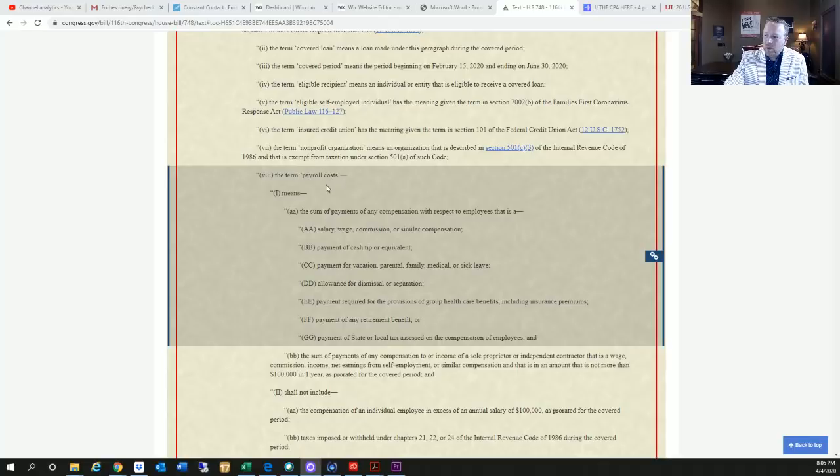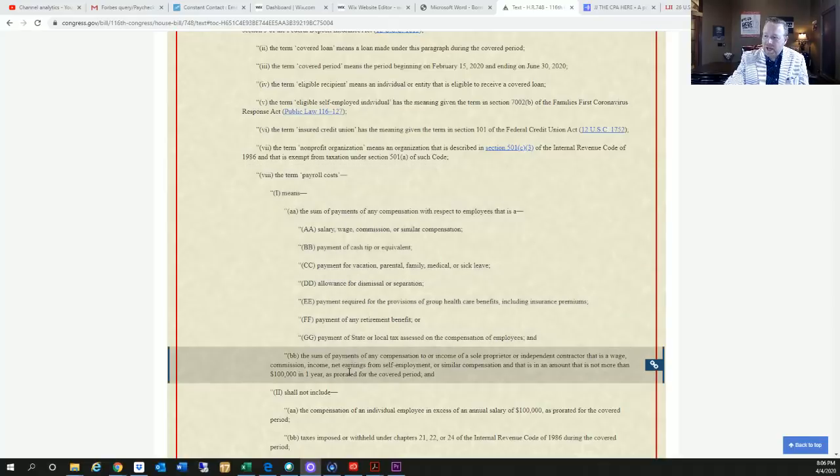It says, what are payroll costs? It means, and it's all this stuff. But then for some reason, everybody started losing perspective a little bit, because never in 1 million years is paying a sole proprietor, an independent contractor, a self-employed individual that you're sending a 1099 to would ever be considered payroll cost. Ever.